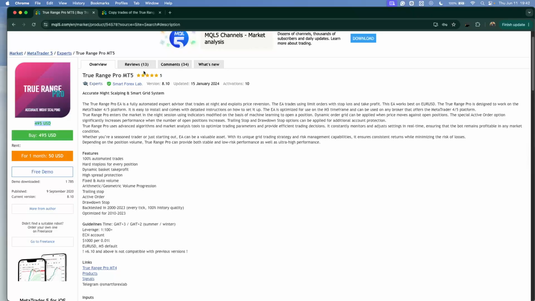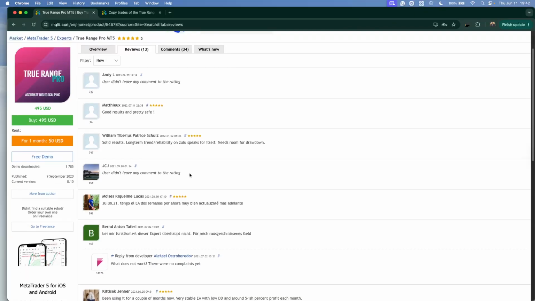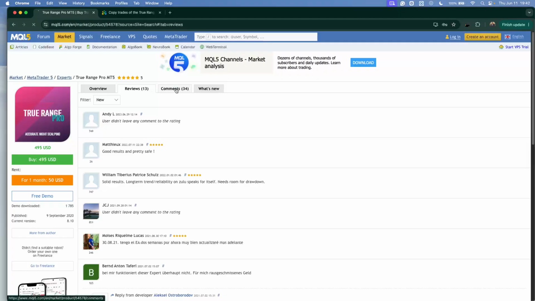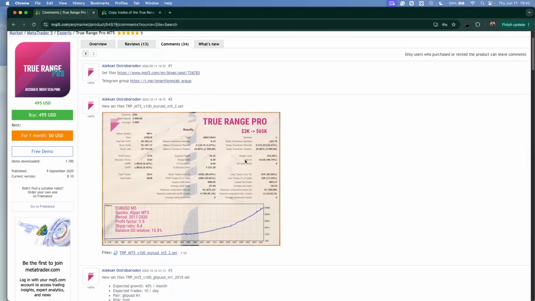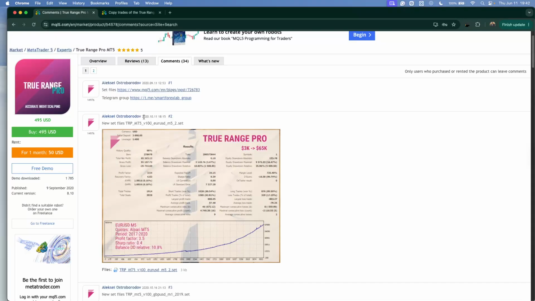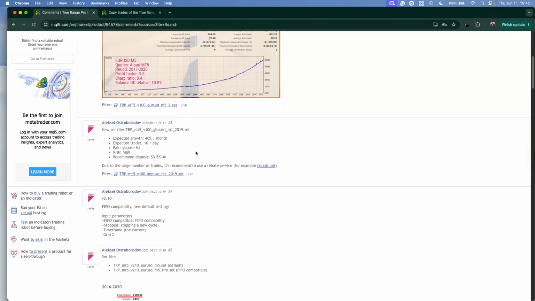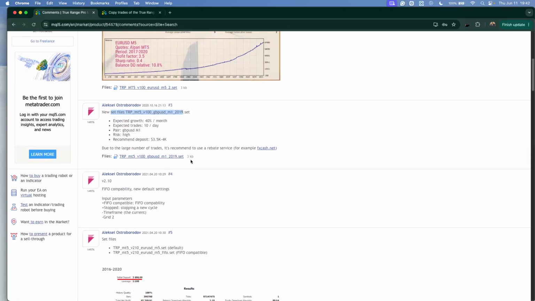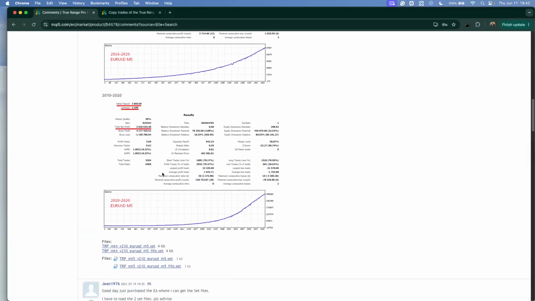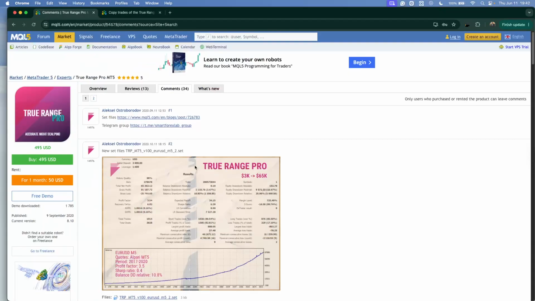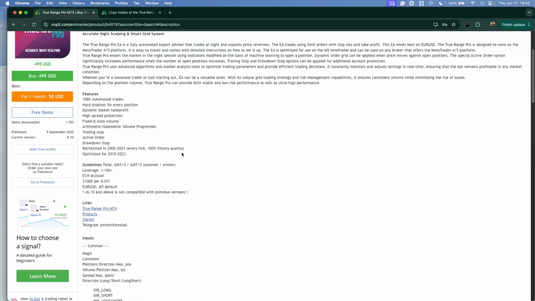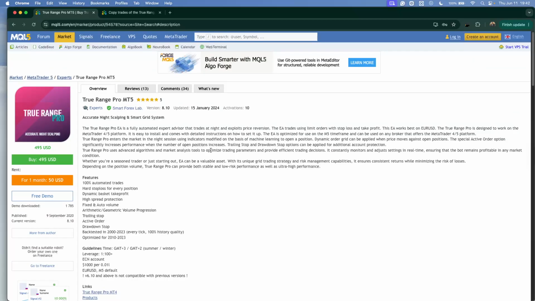It's quite popular with a 5-star rating, has 13 reviews from users who have bought it, and also it has comments especially from the developer himself. Yeah, we have some information here about their set files. So if you want some specific set files, you will have to send a message to the developer to get you one.